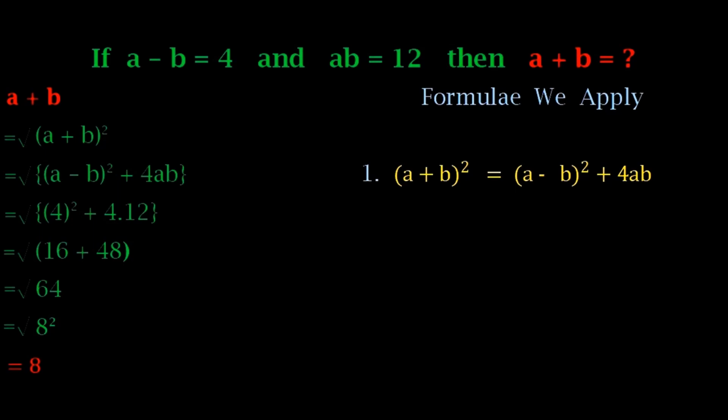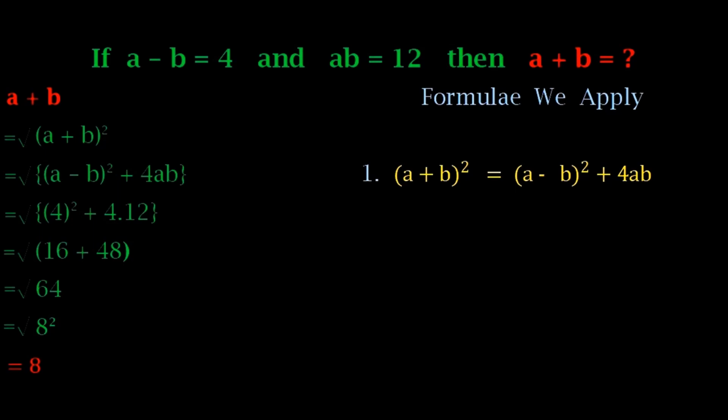And for this conversion between a plus b and a minus b, we only know a single corollary. As our required term is a plus b, we know that a plus b whole square is equal to a minus b whole square plus 4ab. That is the corollary relating the terms a plus b and a minus b.